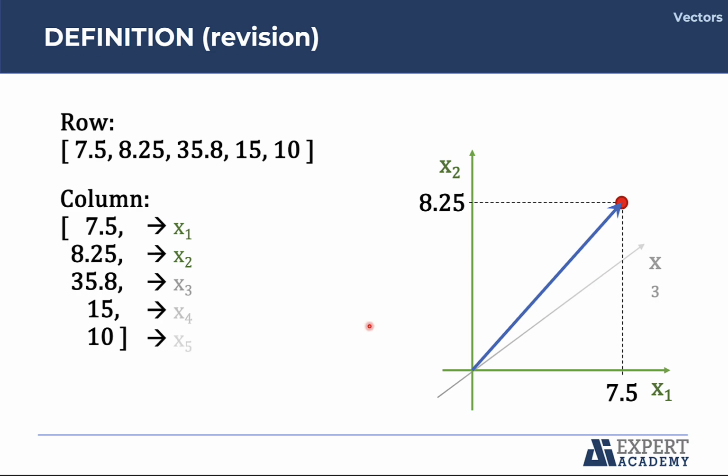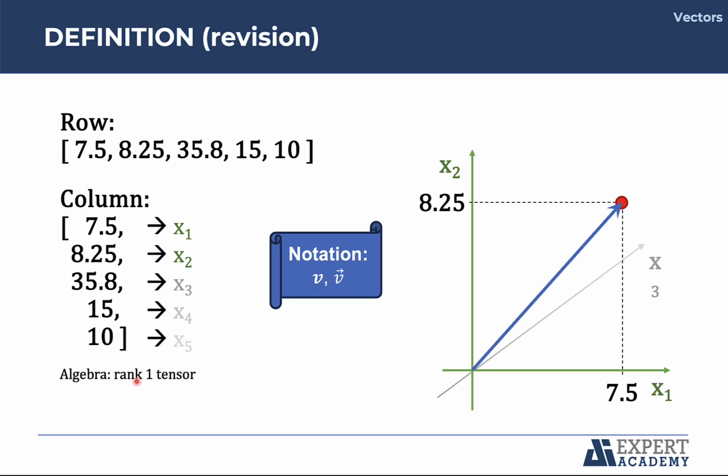In mathematical notation, vectors are usually represented with a lowercase letter, in bold or with an arrow on top of them. Now let's remember that in algebra, vectors are rank 1 tensors.